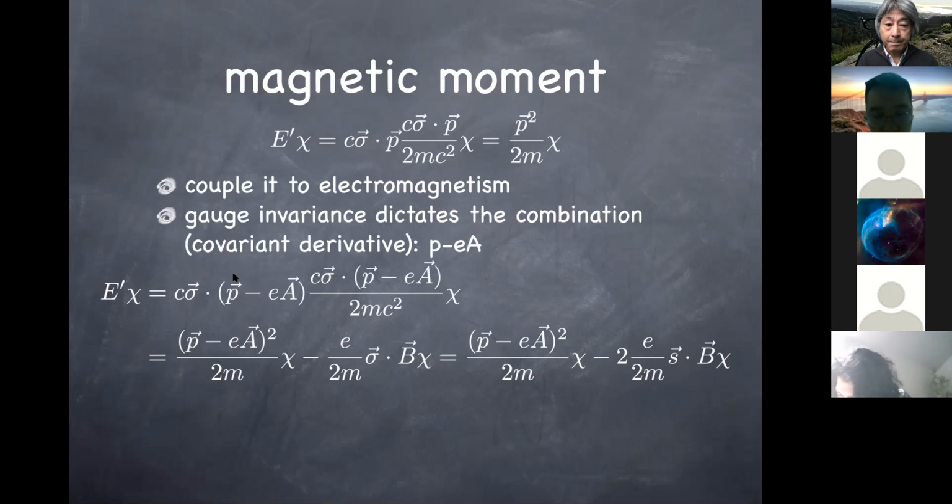But P minus EA, component I and component J, no longer commute, because AI and PJ, with P being a derivative, gives you a derivative of A. PI and AJ gives you also a derivative of A. They combine together to PIAJ minus PJAI. That's the curl of the vector potential.